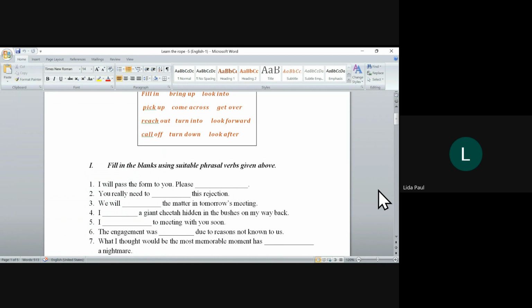I look forward, right? Look forward, what is the meaning? Does it have idiomatic meaning? Does it have literal meaning? Literal meaning, ma'am. So look at it. What is the meaning of the sentence?